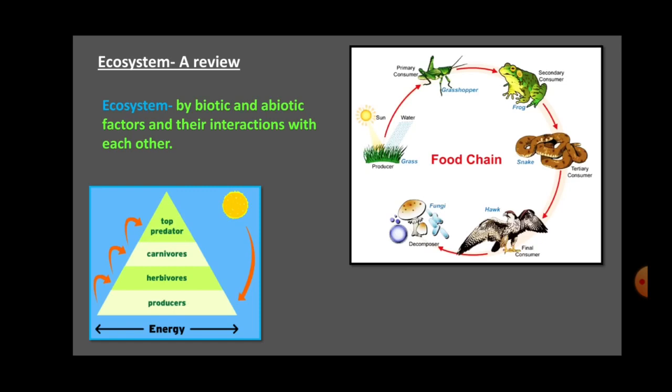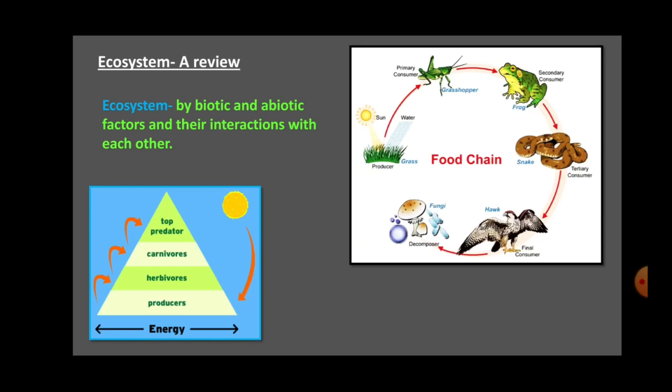Now both the pictures that you can see on your screen are very familiar. The first one is the energy flow in an ecosystem, and the second one shows you how the food chain in the environment goes on. The producers are the grass that produce their own food. Then the grasshopper feeds on producer, which is a herbivore. The herbivores are those that feed on plants. The frog feeds on grasshopper. Snakes feed on frog. And hawk, eagle, they feed on snakes.